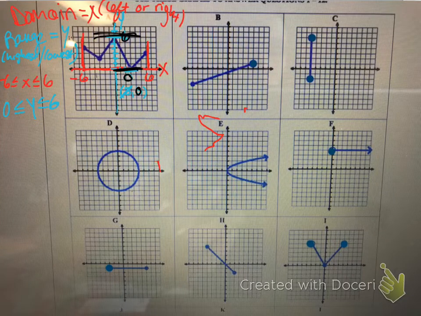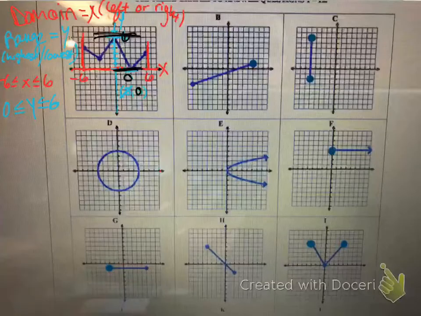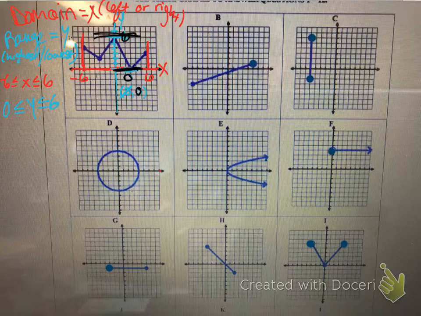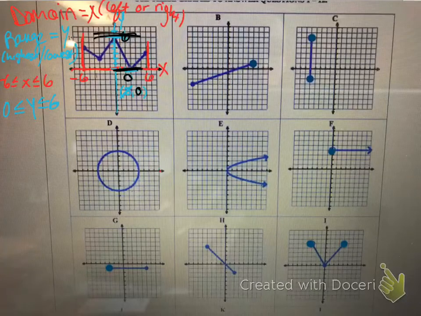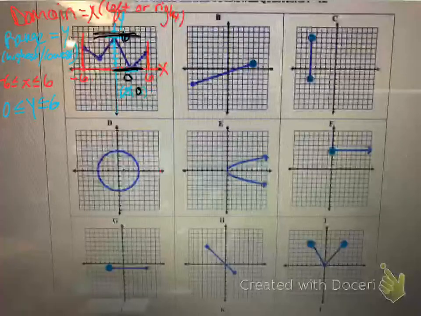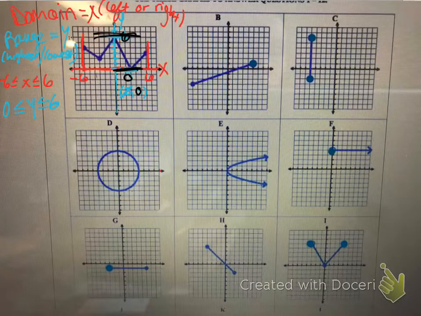I'm going to go over another problem. I'm going to go over a couple of these. Let's see if I can switch some colors. I know that blue is a little hard to read on the graph. Okay, so I'm going to stick with red for our domain. Again, for the domain, I want to look at the leftmost and rightmost points. I'm just going to draw those lines in right now.